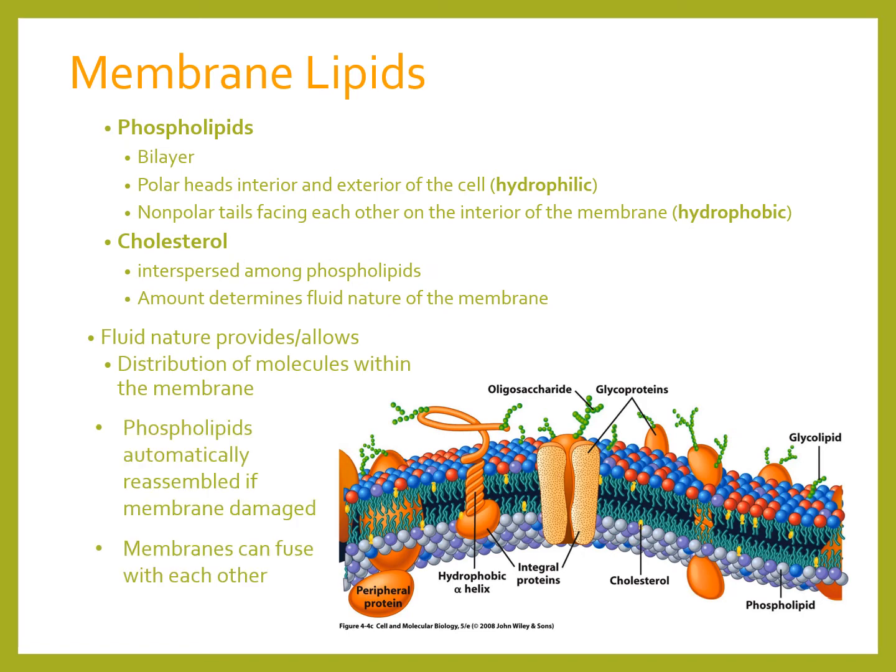Okay, so you have a bilayer of the phospholipids, which, let's see, right here and right here. And you can see that there are polar heads, both the interior and the exterior of it. Nonpolar tails facing each other on the interior of the membrane, which are these right here.